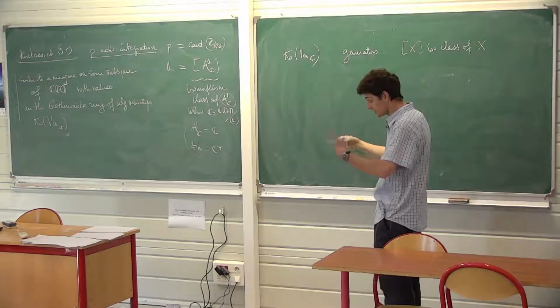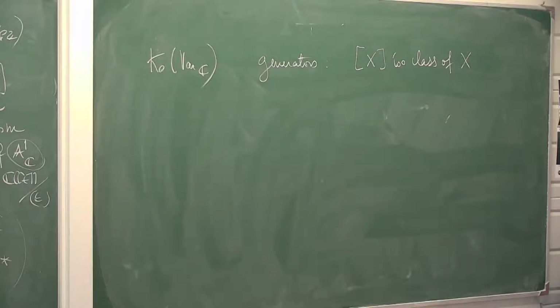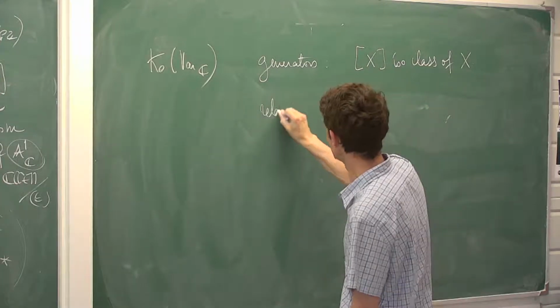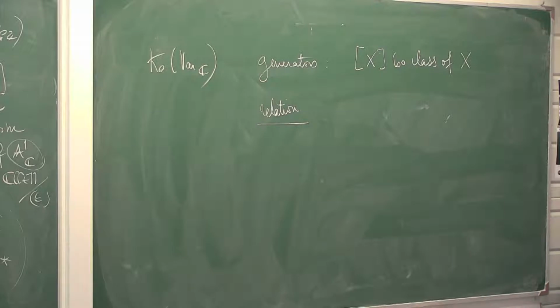So you look at all the algebraic varieties and you consider the equivalence relation to be algebraically isomorphic. And you look at the following relation called the cut and paste relation.